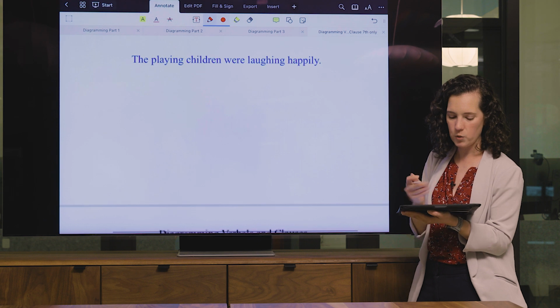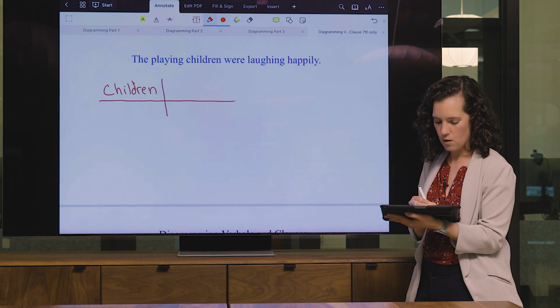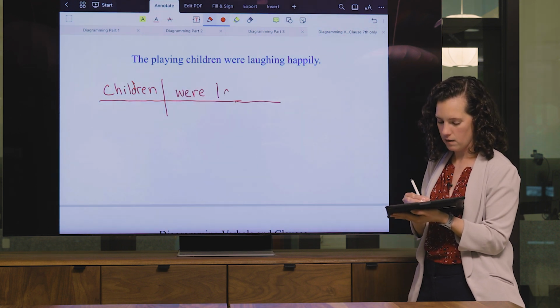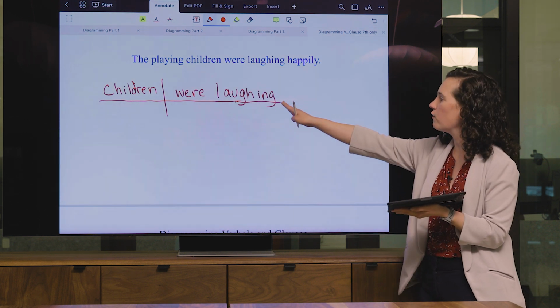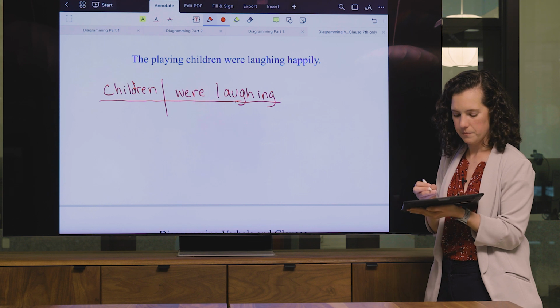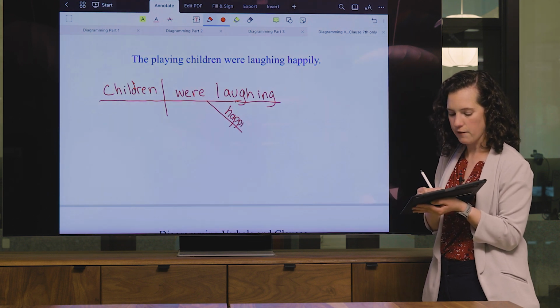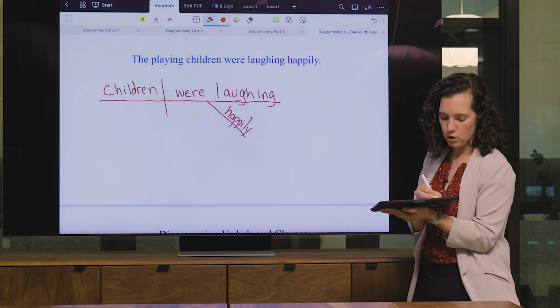So to diagram this one, we have children as our subject, were laughing as our verb. That's what they were doing. So we have a helping verb and an action verb. Happily, you may not have covered yet, is an adverb. The describes children.